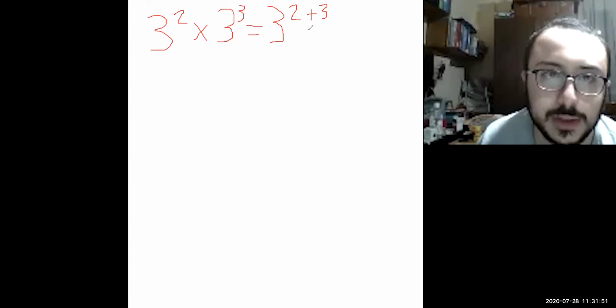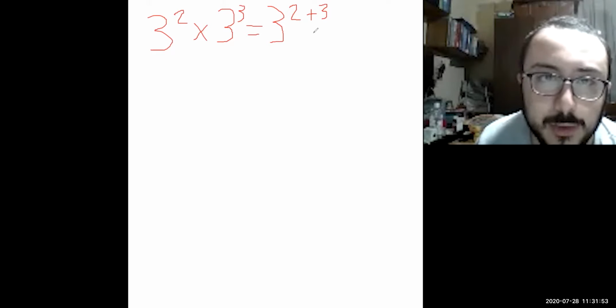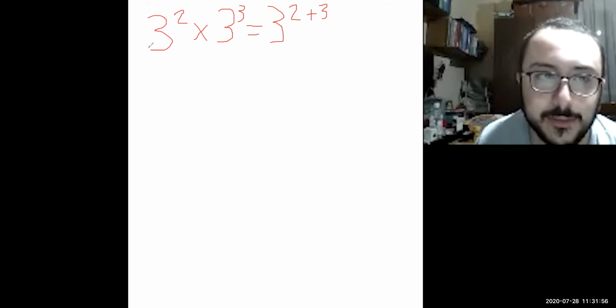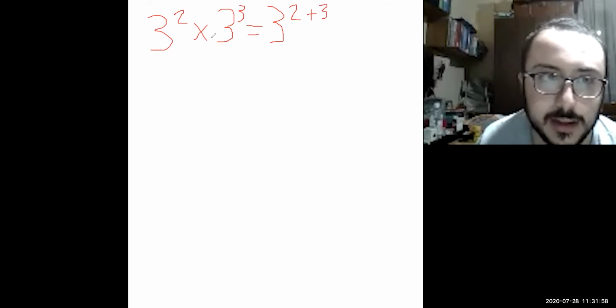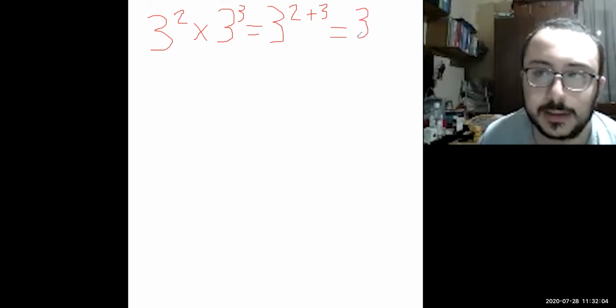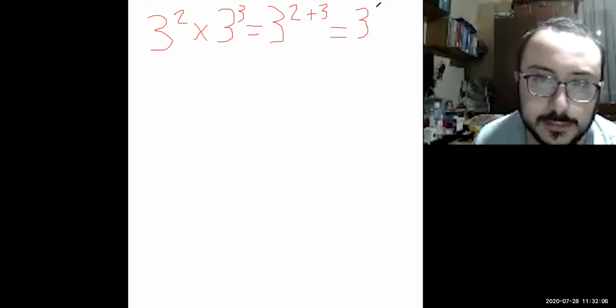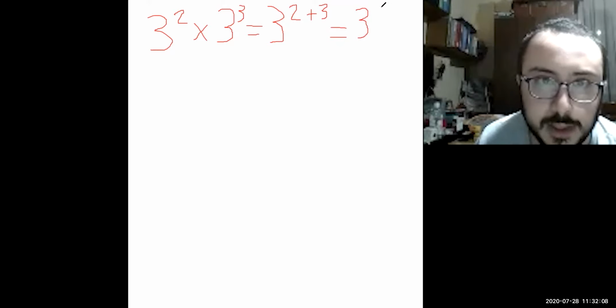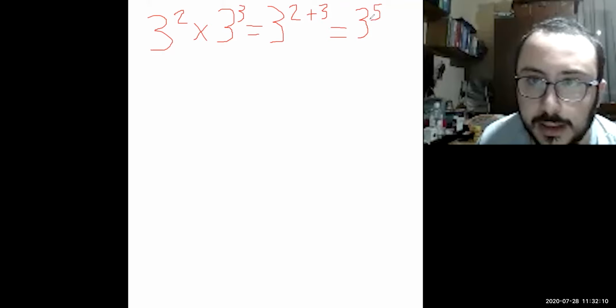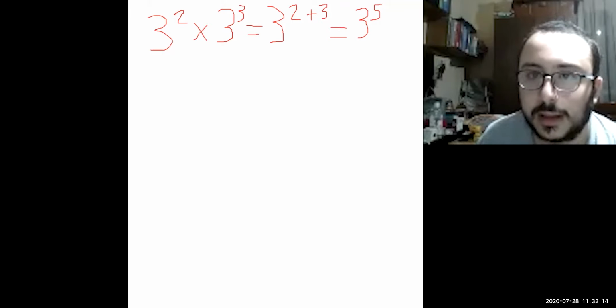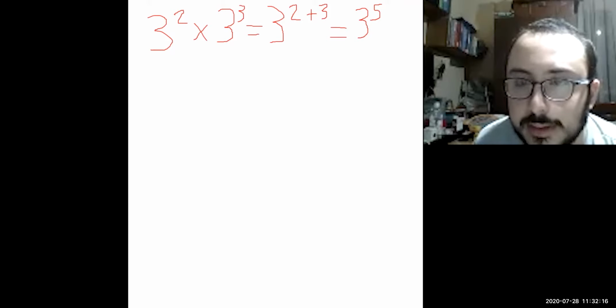So it's plus. We add the powers. If we have a multiplication in this way, we add the powers. So it's equal to 3 power 5. That's it. You should know the difference. This is the first example.